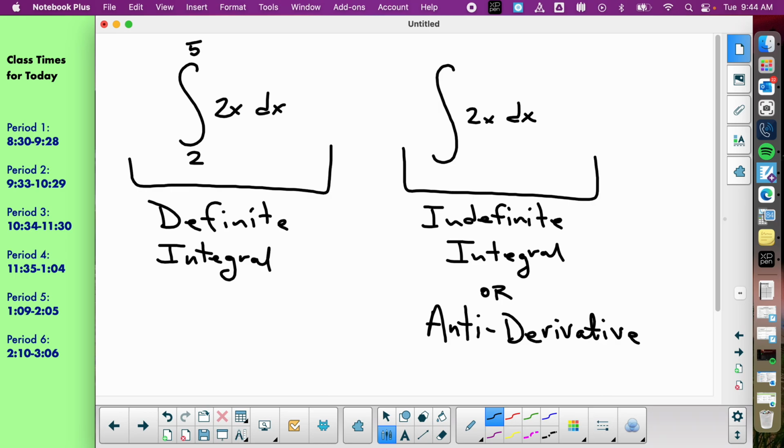Now, I prefer the top terms because it specifies what you're doing. The word definite means that you have an answer that can be defined. These answers will always be numbers because it stands for finding the area under that equation between the equation and the x-axis.